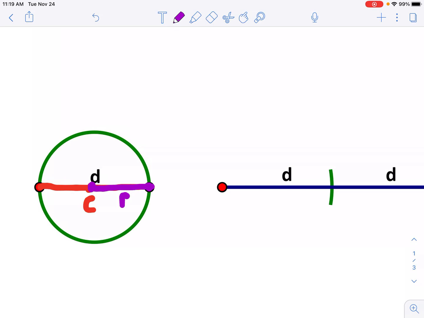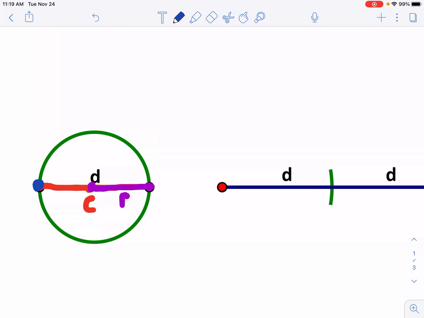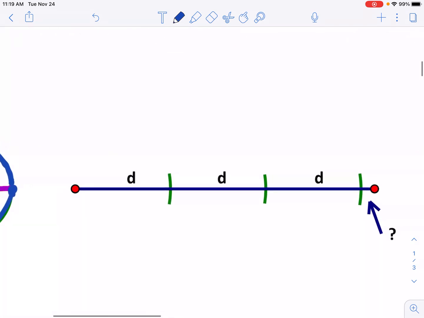Now there's a special relationship that we can look at between the circumference and the diameter that helps us discover pi. If I take this entire edge from this point and go all the way around to this point, and we sort of take that circle and break it apart and lay it out so that it's a straight line, then we'd be going from this point to this point.